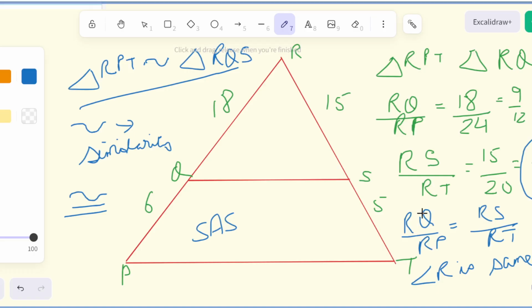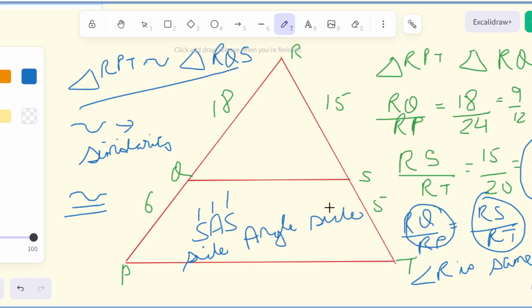How SAS? You took the ratio of two sides, right? Side, angle, side criterion. And previously we learned the AA criterion, right?